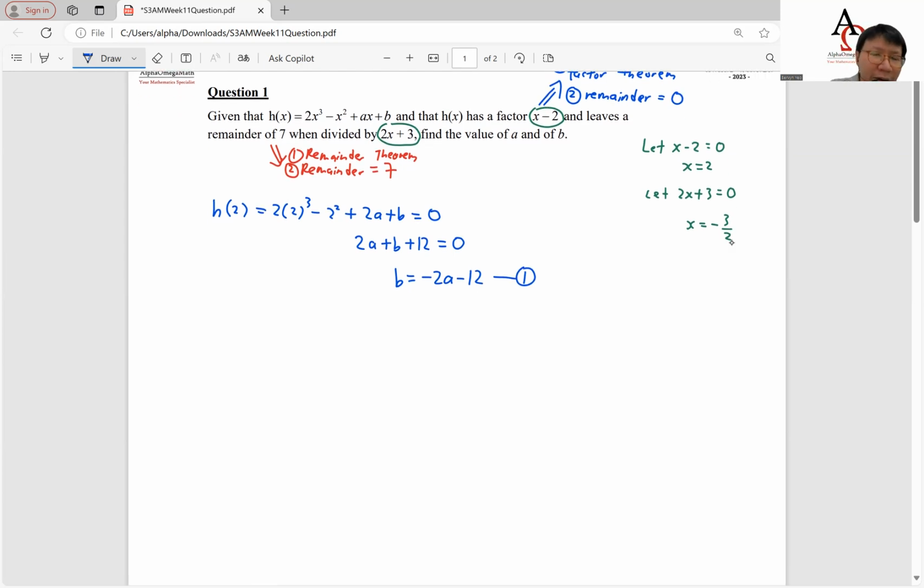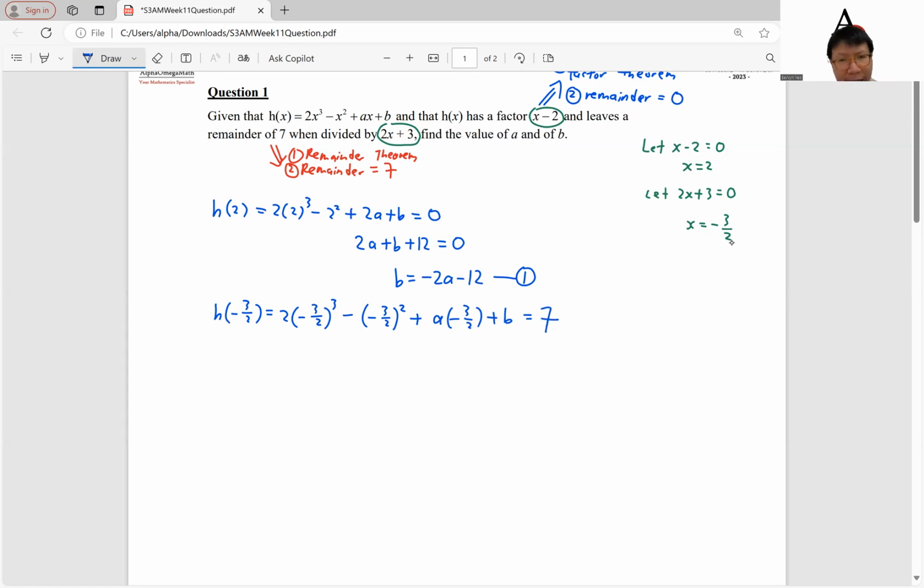Our second equation can be formed by subbing in the other x value of negative 3 over 2. So we have 2 multiplied by negative 3 over 2 cubed, minus negative 3 over 2 squared, plus a times negative 3 over 2, plus b, and this time our remainder is 7.